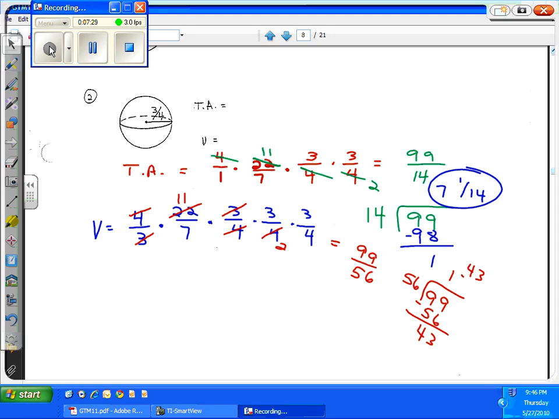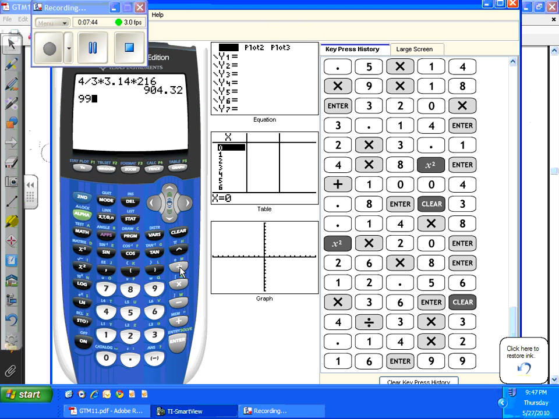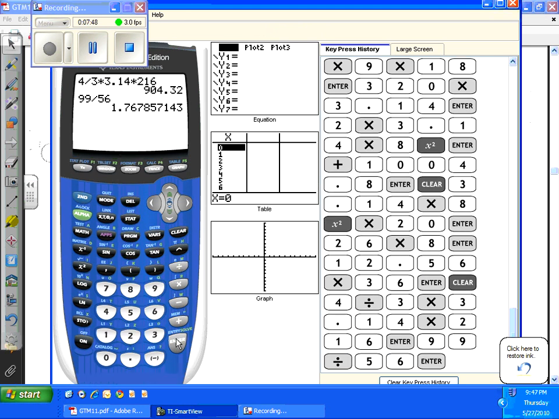So you put your remainder 43, which is a prime number, over your divisor 56. So we get 1 and 43/56. Let's see what that looks like as a decimal. 99 divided by 56 is 1.7 something, so I did get that correct in the teacher's edition. I just didn't cross reduce as I went. Okay?